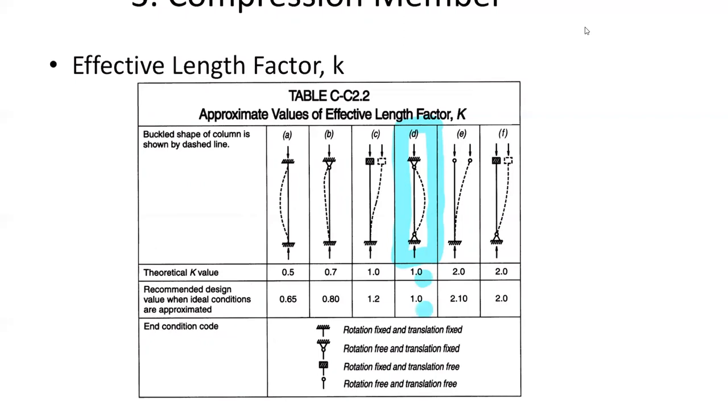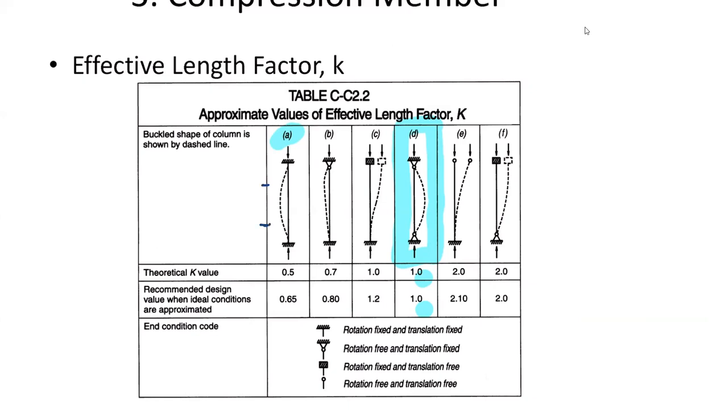And this is the recommended design value because it's a basic, so it's equal. But now when you change the support condition, fix this one, for example, the sine curve is only 50% of the length of the member.